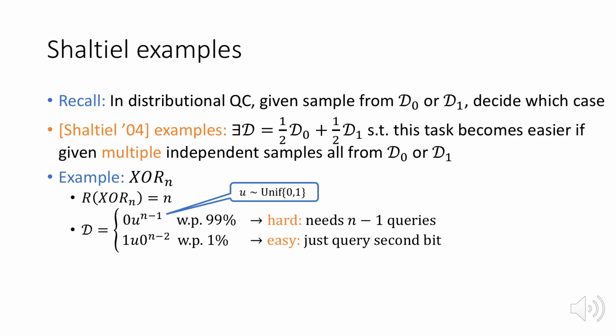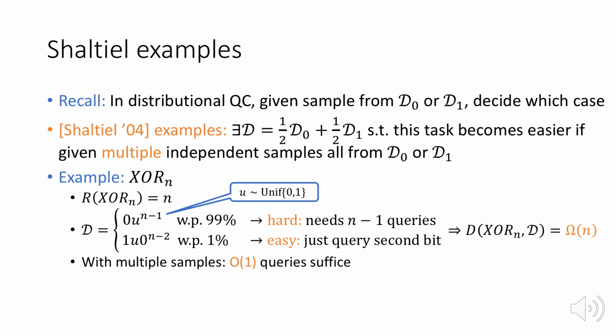On the other hand, the remaining 1% is easy, because if the first bit is 1, then querying just the second bit gives us the answer. So overall, given a single sample from this distribution, the algorithm is likely to have to solve the hard case. So, the distributional complexity relative to this particular distribution is Omega(n).